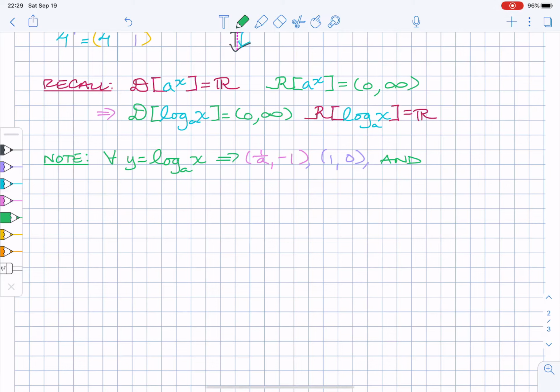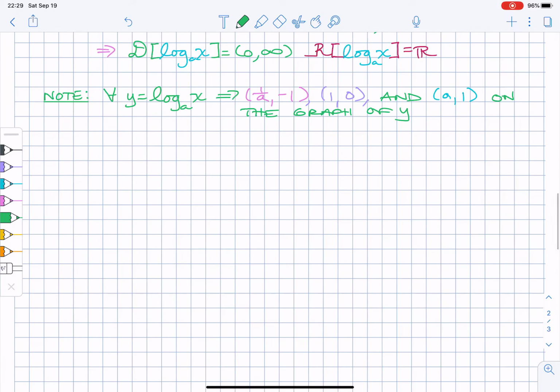And instead of 1 comma a, we now have a comma 1 because we swapped x and y. These are all on the graph of y. And also note a vertical asymptote at x equals 0, i.e., the y-axis.